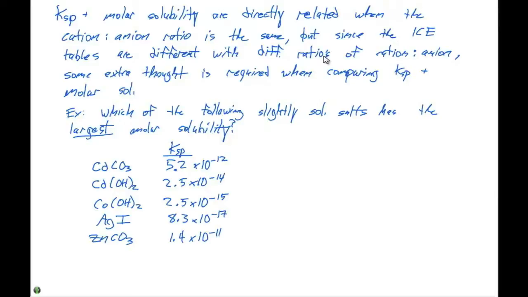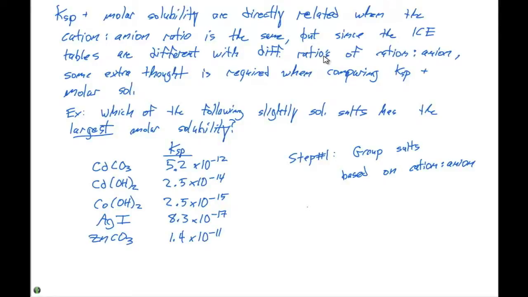Okay? So step number one for this problem right here is we're going to group the salts based on cation to anion ratio. So we're going to put these 5 salts into 2 groups.